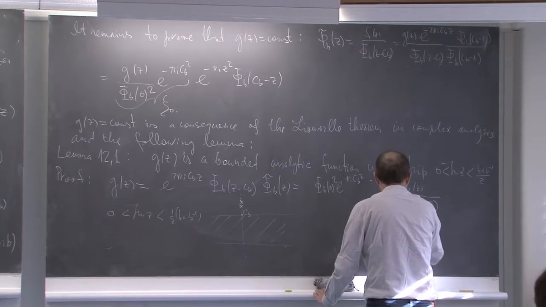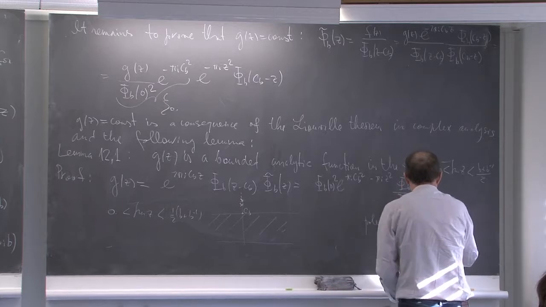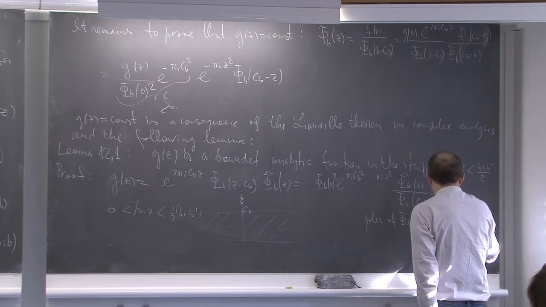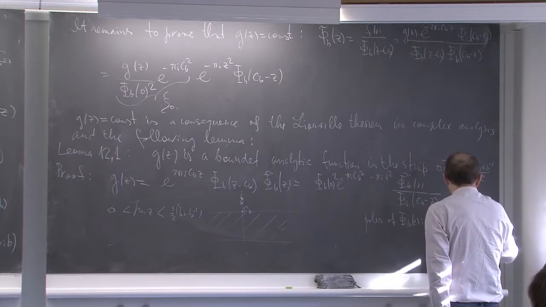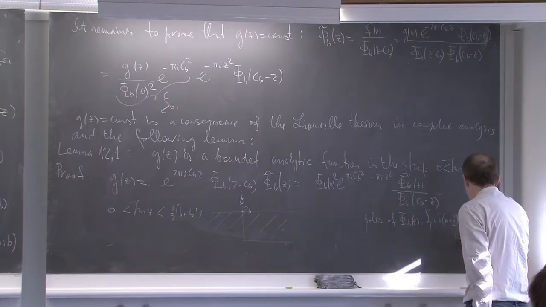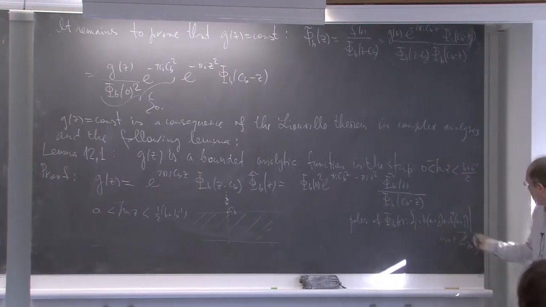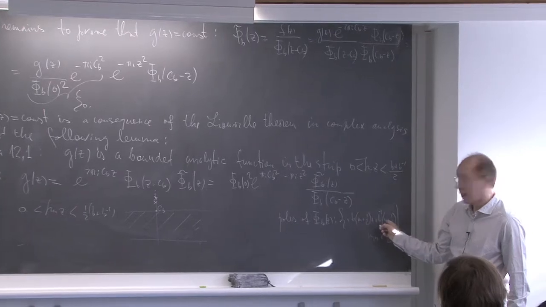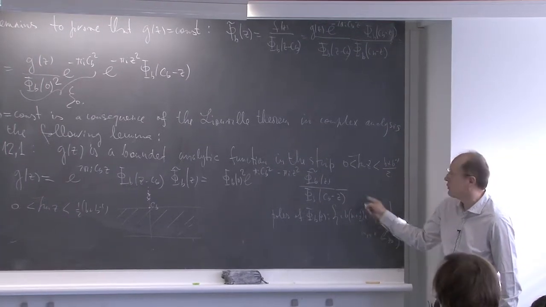Poles of phi b of z are at Ib times m plus 1/2 plus Ib inverse times n plus 1/2, where m, n are non-negative integers. And for m equal n equal 0, we have one half Ib plus one half Ib inverse, which is cb.